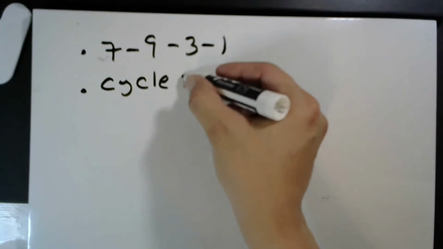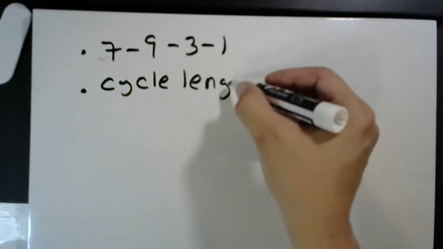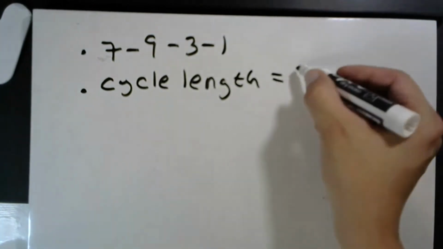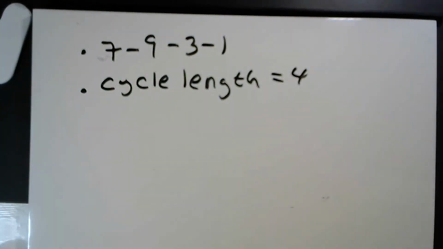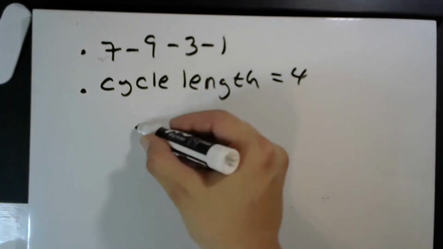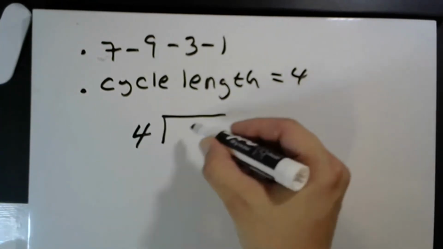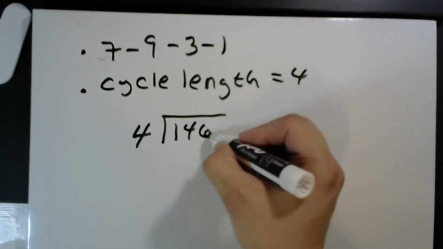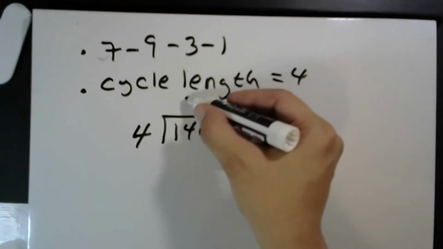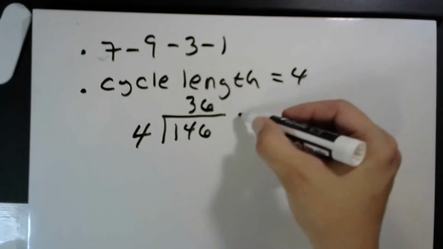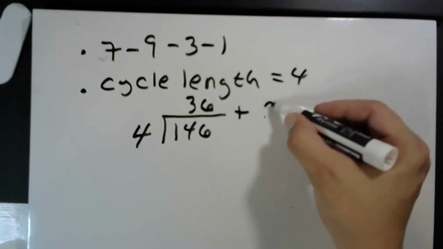The cycle length is going to be equal to 4 because we have 1, 2, 3, 4 digits. These are all the ones digits that we cycle through. So then we take the exponent, 146, and divide it by the cycle length. And we found out this was going to be 36 plus a remainder of 2.